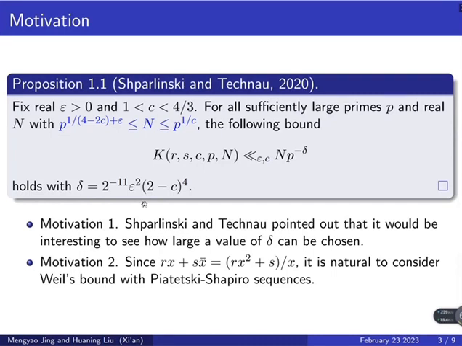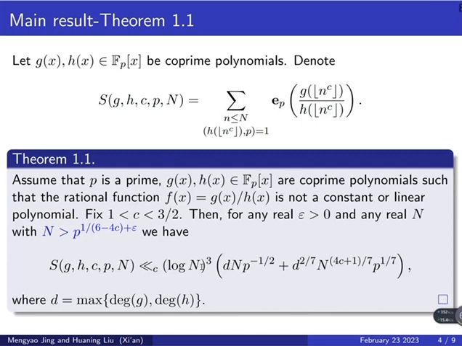On the other hand, we note that rx plus s times inverse of x is a rational function over Fp. Therefore, it is natural to consider its bound with Pi sequences. Assume that g(x) and h(x) are coprime polynomials.